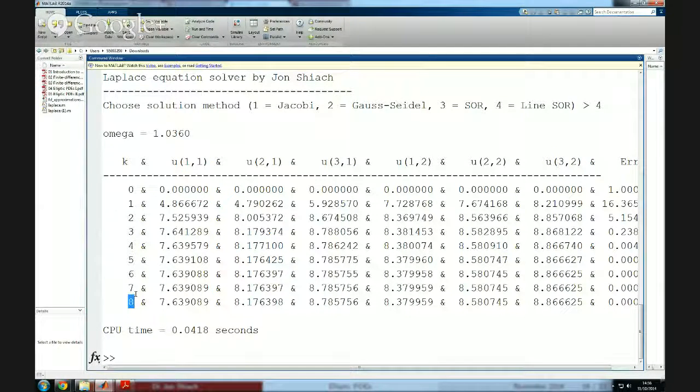So as we've gone through those methods, we're getting better and better. There's not much better than line SOR unless you get into really complicated, niggly things, which is more of a programming exercise than a mathematics one.